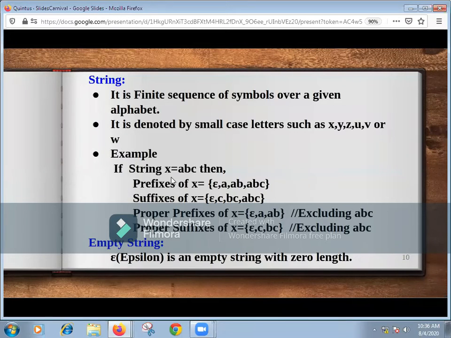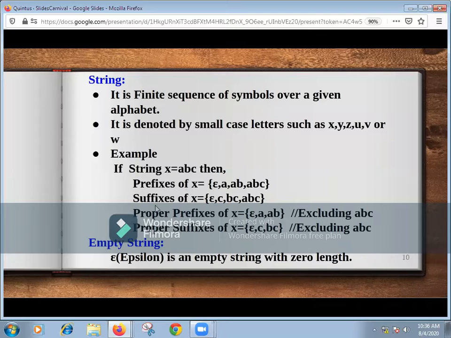So we are going to find particular sequences of symbols. Epsilon means nothing in the string. Related to string ABC, prefixes of X will be only A, or only AB, or ABC. It means we are trying to take all the possible combinations for the string ABC as prefixes of that string.